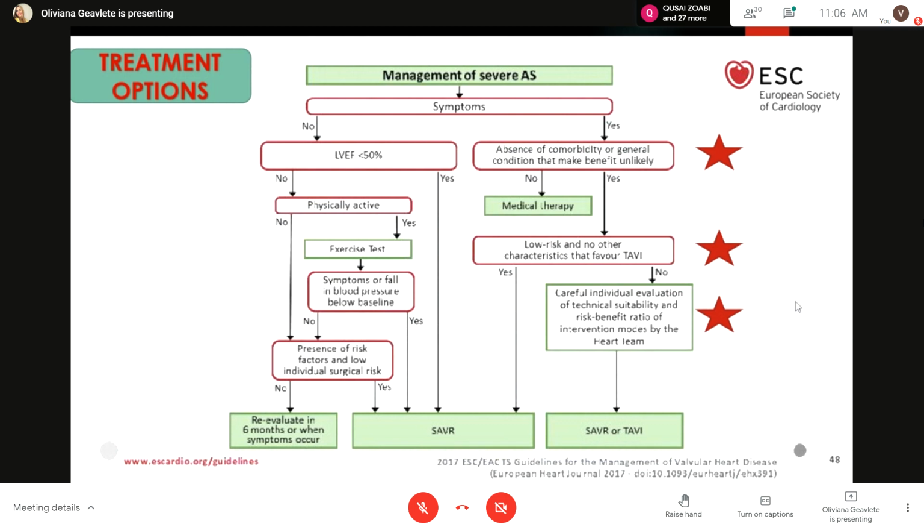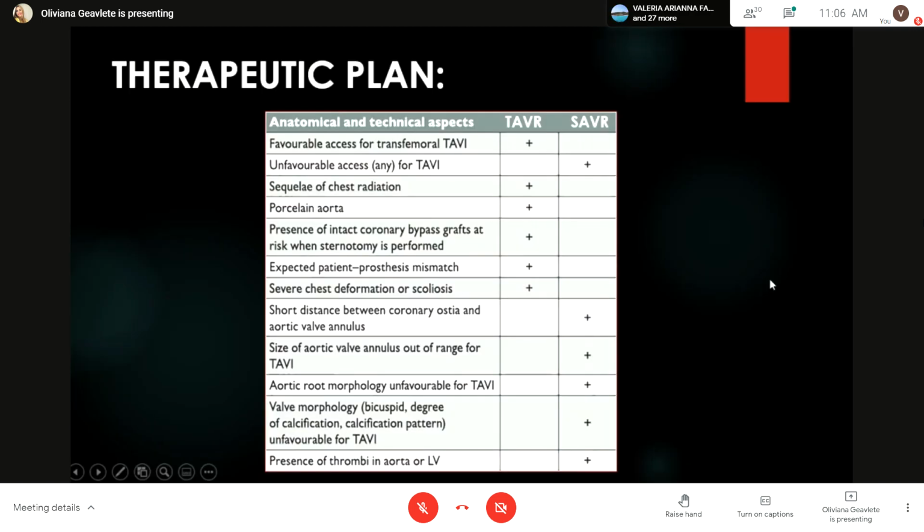So we are getting here to the characteristics. Let's see what the characteristics are for the TAVR. So this is the interventional approach, and this is the surgical approach. There are plenty of anatomical and technical aspects in favor of one or another, and I will not go through these.